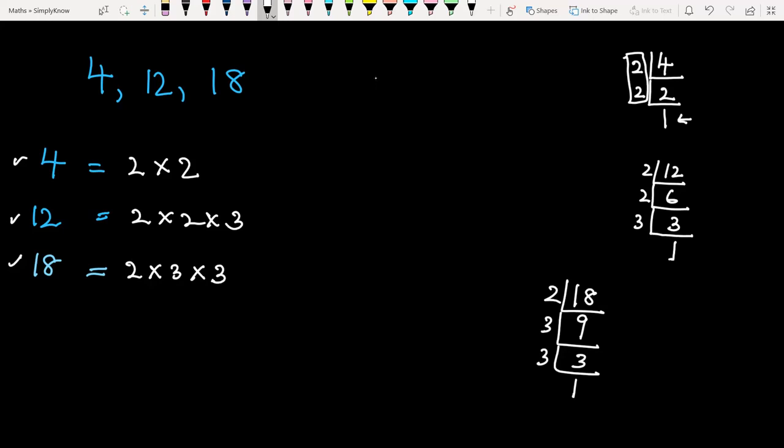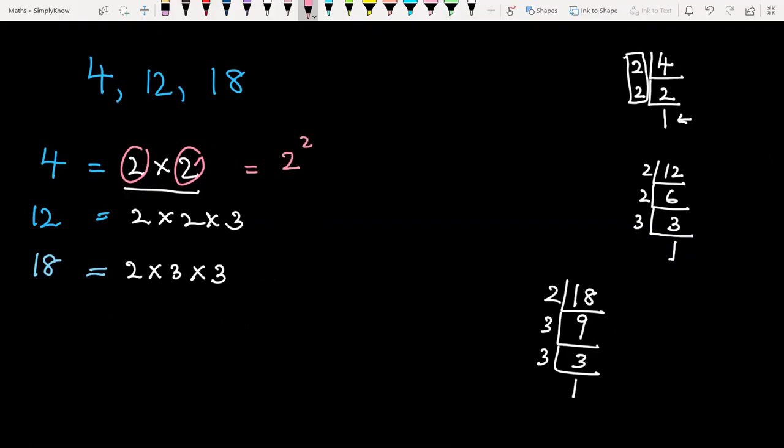Next, what we do is we write this product as a product of powers. Here we have two 2's. Let's write this as a power. Now, how can we write this as a power? It's 2 to the power 2, right?